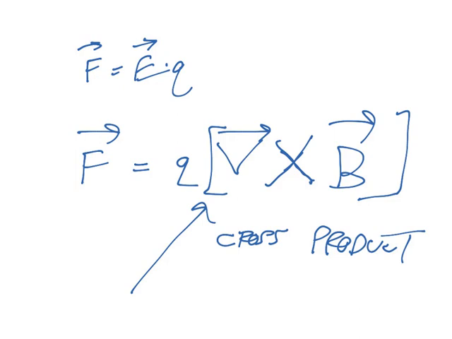We're familiar with dot products. The dot product turns two vectors into a scalar, like work is a dot product. But this magnetic force on a charged particle is a vector. So there's a way of multiplying two vectors that gives you a third vector, and that is the cross product.